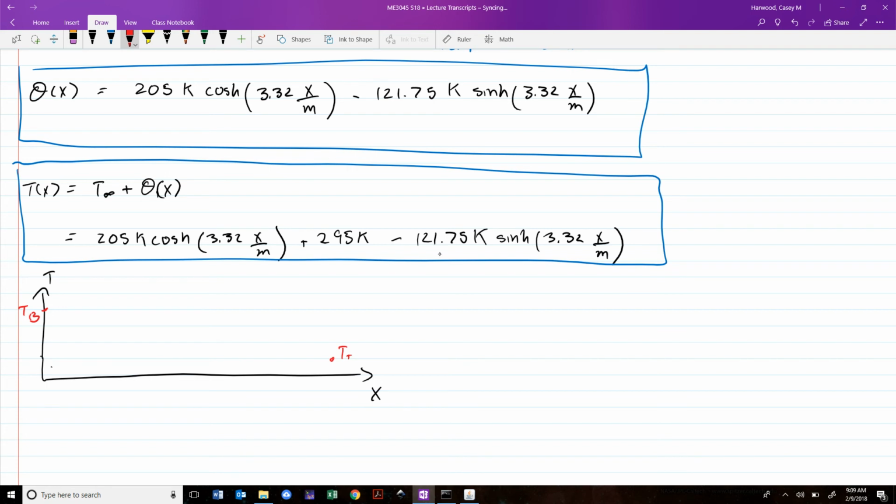Our temperature distribution is going to look like this sort of decaying curve. As I said before, the reason it's not a straight line is because as the heat travels along by conduction, some of it is being dumped out to the surrounding air by convection. So there's a decrease in the amount of thermal energy flowing.